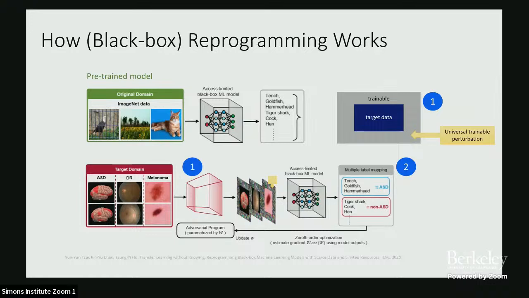So end to end, I get a model that works on the target domain. It starts from taking the input in the target domain and then predicts something in the target label space as well. Finally, the third step is to train whatever trainable parameters I introduce at the input and output to minimize the loss that we design for the target domain.